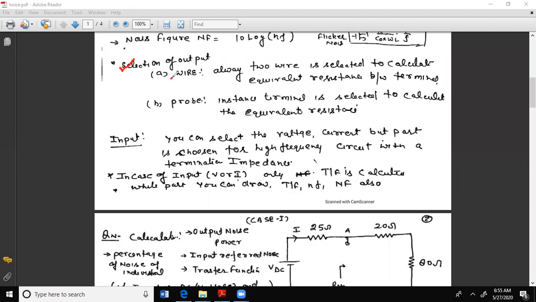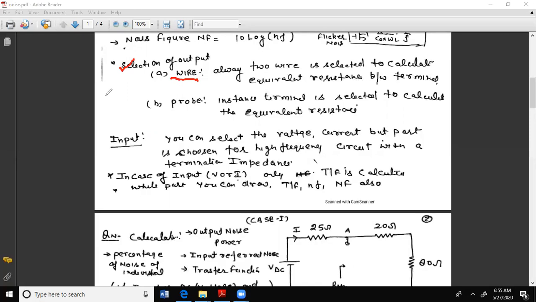When you select the wire, it gives you two input variables. When you select the wire in your schematic, you have to select two nodes or two wires to calculate the equivalent noise. Always two wires are selected to calculate the equivalent noise between the terminals.